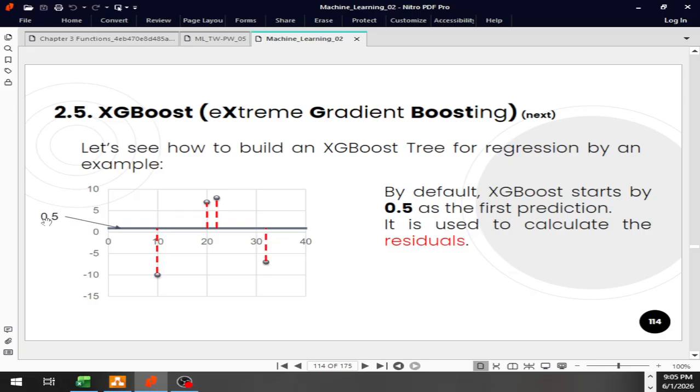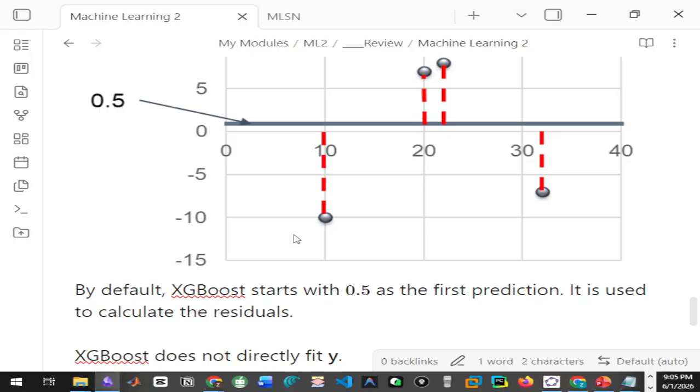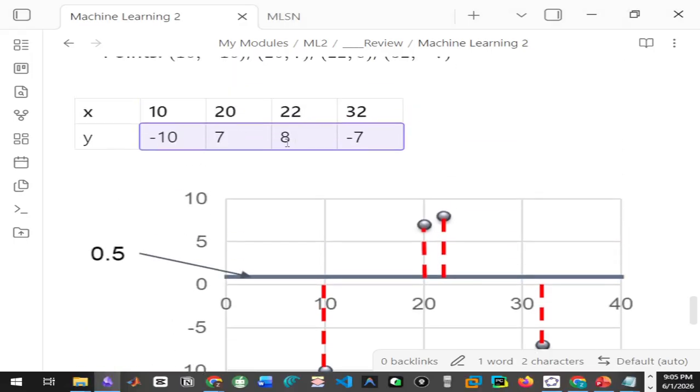Concerning this 0.5, in literature you might find it not like this, just a default. We can find it by finding the mean. If we go to our data set here, we easily can see that 7 is gone with -7. We have 8 plus -10, it's -2.